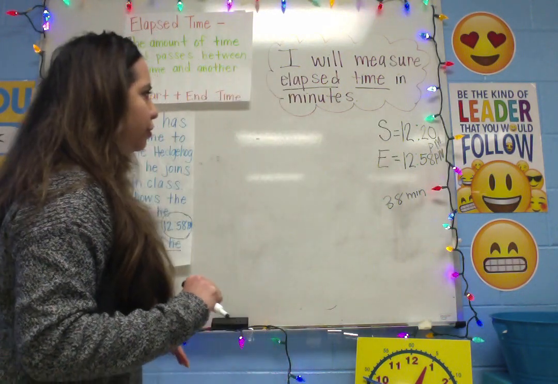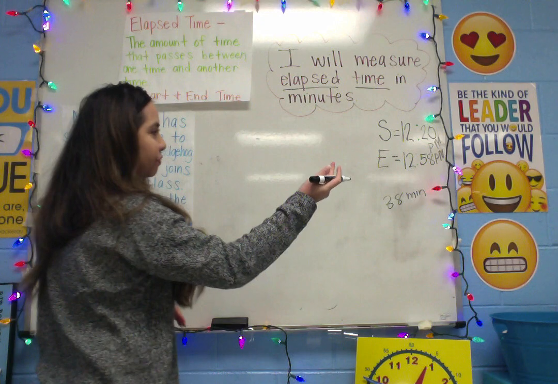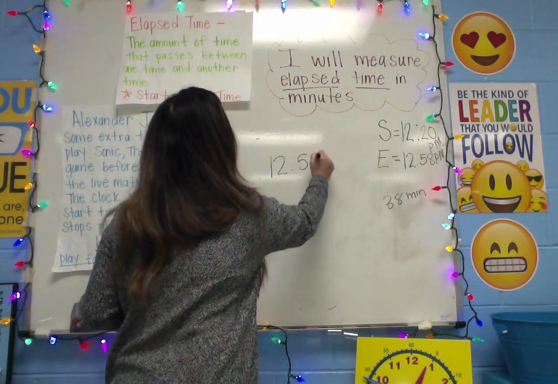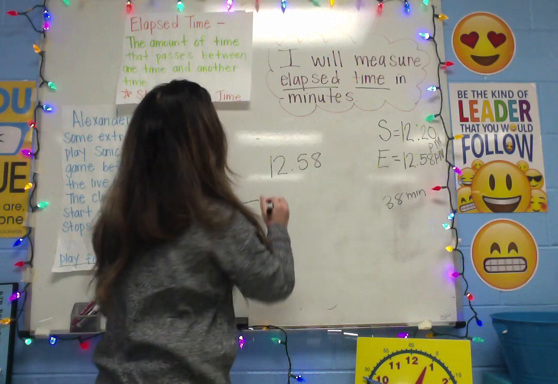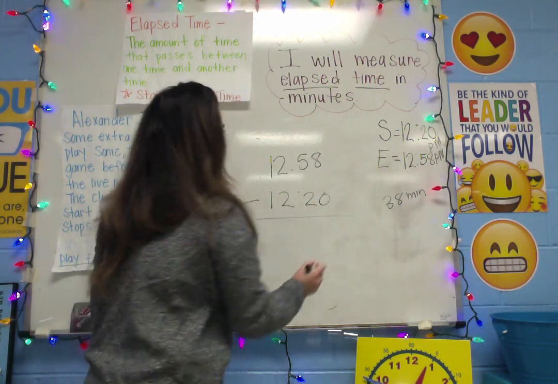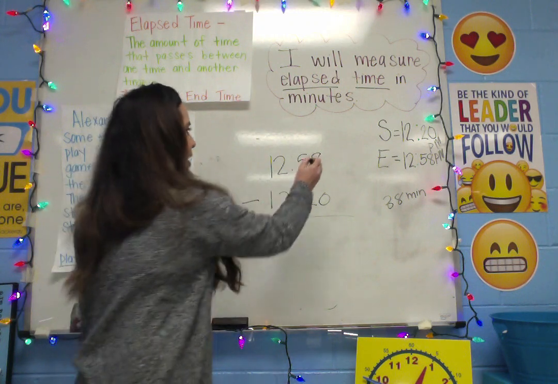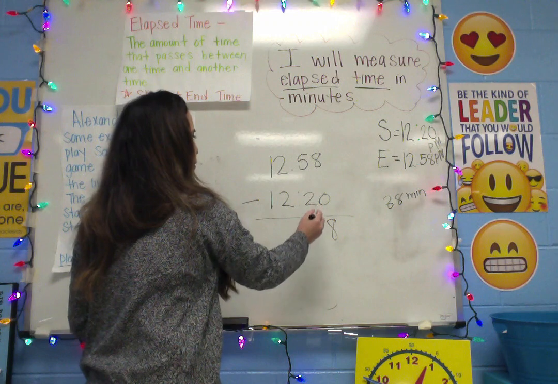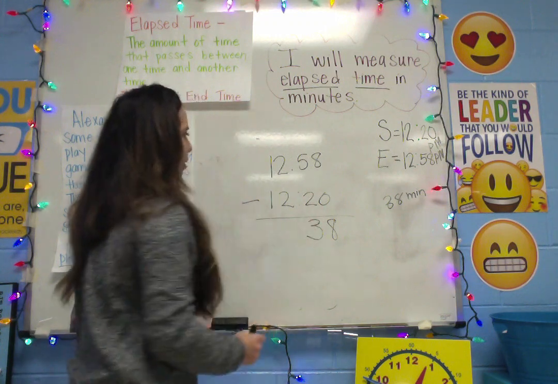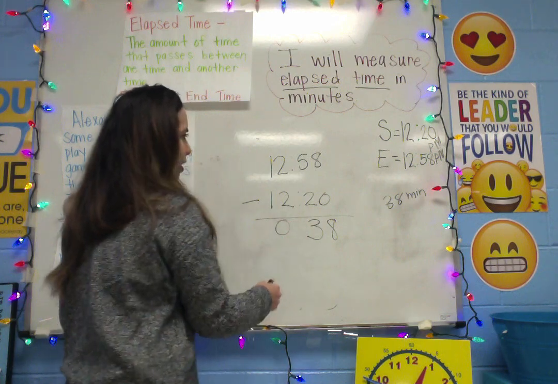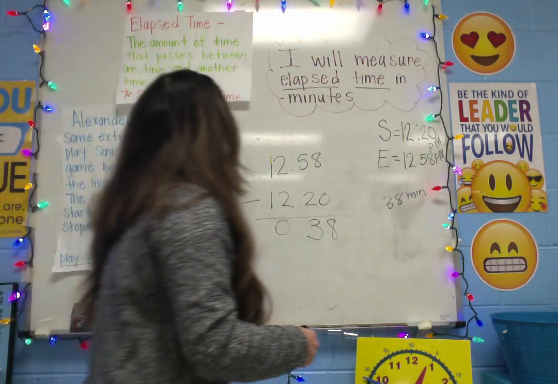So of course, you would take your end time, which is 12:58, and subtract the start time, which is 12:20. Let's subtract the minutes and see if we get 38 minutes. 8 minus 0 is 8. 5 minus 2 is 3. And of course, 12 minus 12 hours is 0. You don't have to worry about that. So 38 minutes is correct.